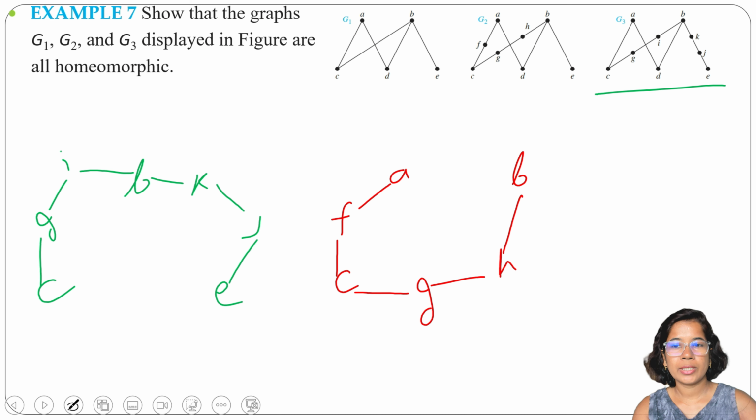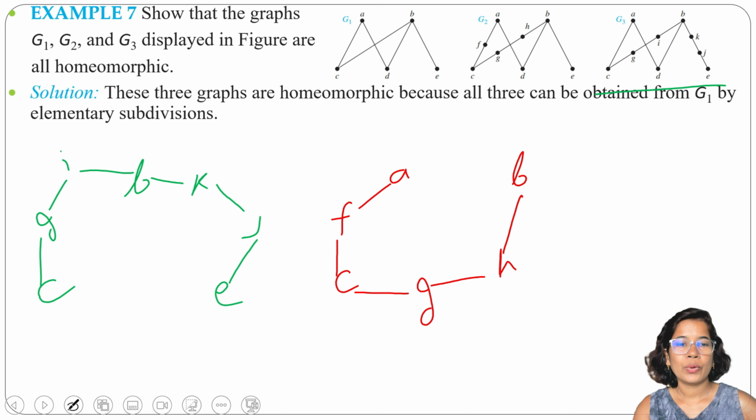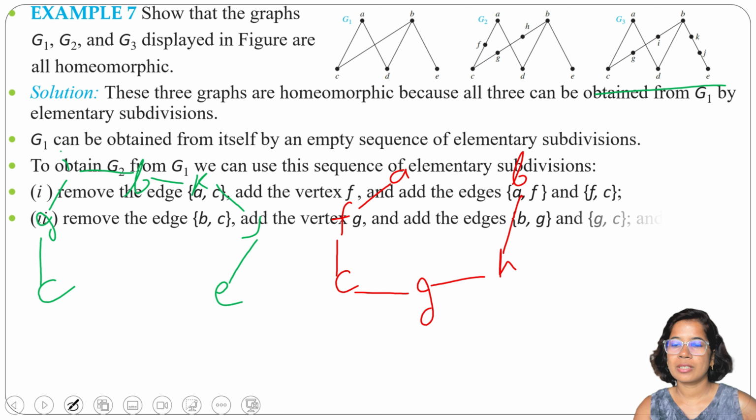Hence G1, G2, G3 are homeomorphic. We can obtain G2 and G3 from G1 by elementary subdivision.